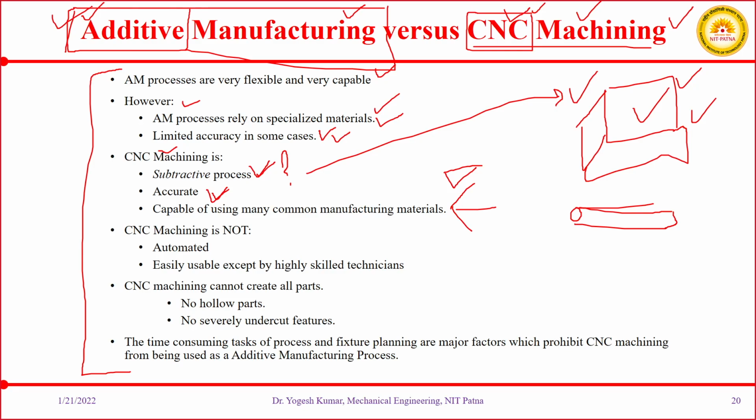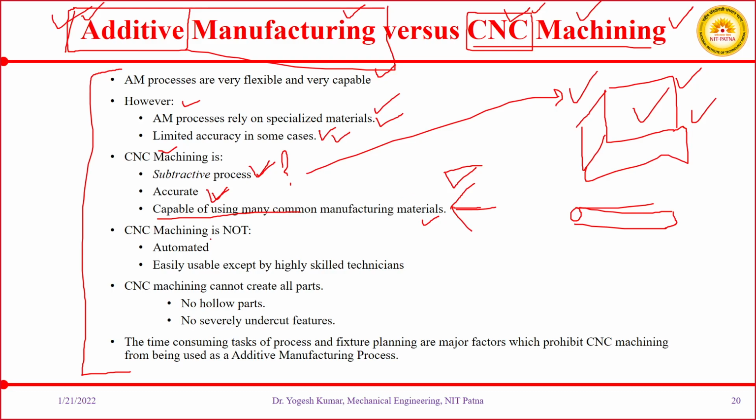We have to design the additive manufacturing machine depending upon the material to be printed, right? So CNC machining is capable of using many common manufacturing materials. Most materials you can machine using your CNC machine.